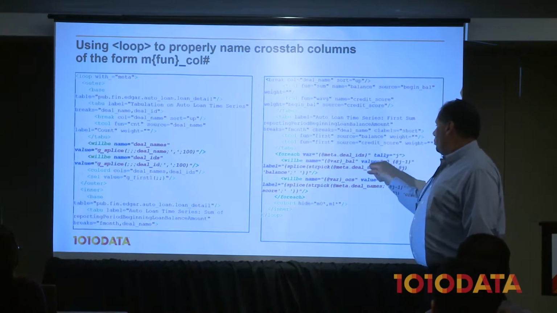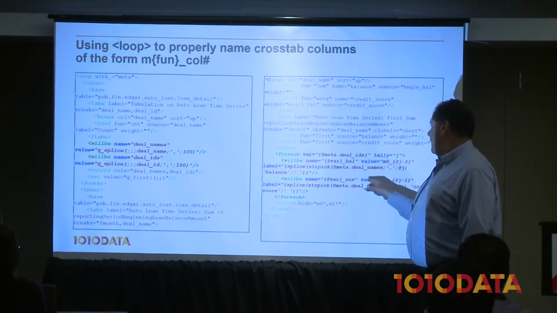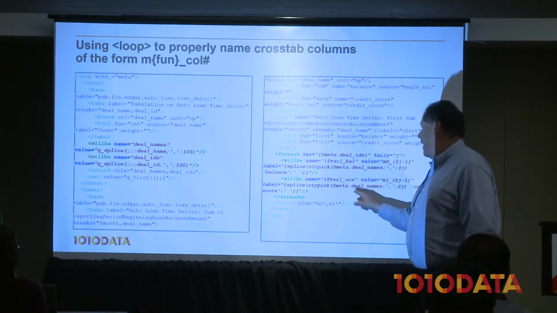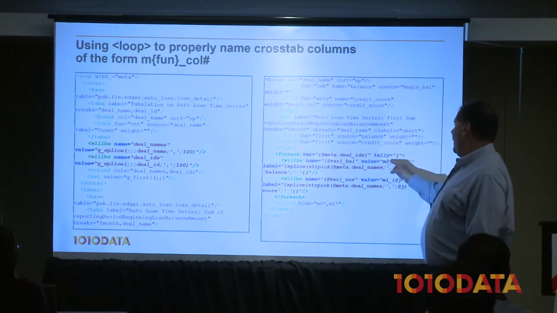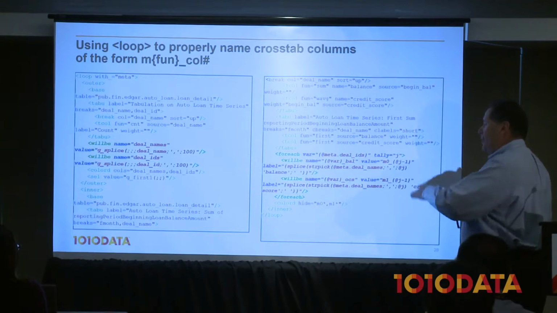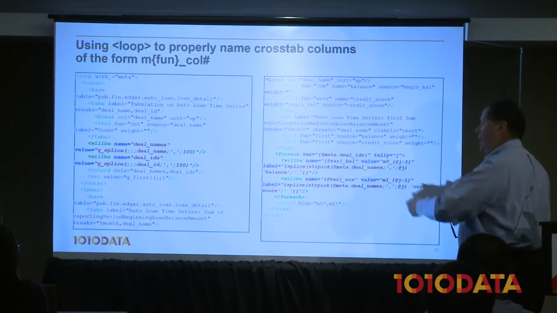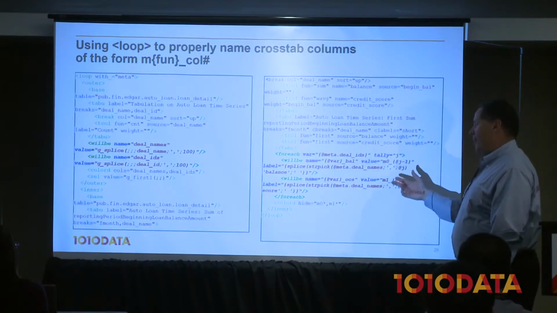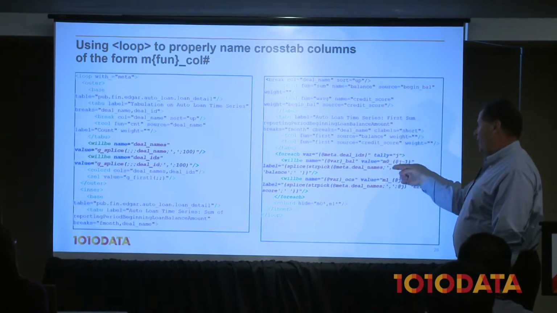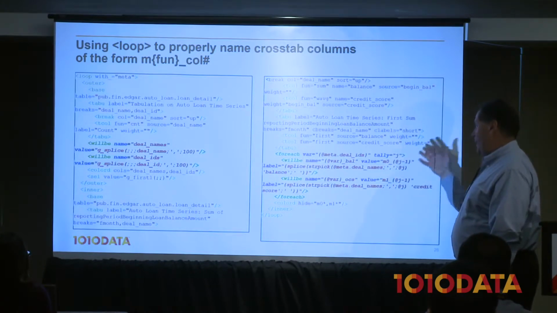So we're going to name them balance and OCS, and then the var here is produced from this comma-separated list of deal IDs that we're going through. So we're producing deal ID underscore balance as the names, and we're giving it what's in there. Is it a balance, or is it a standard deviation, or whatever?